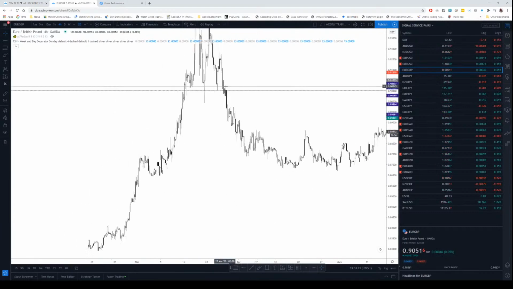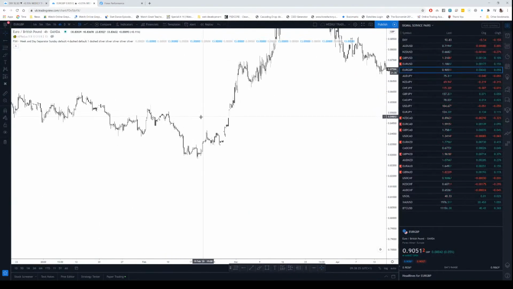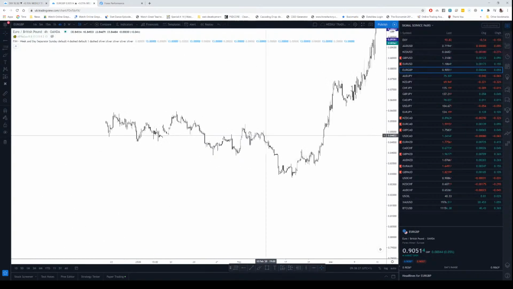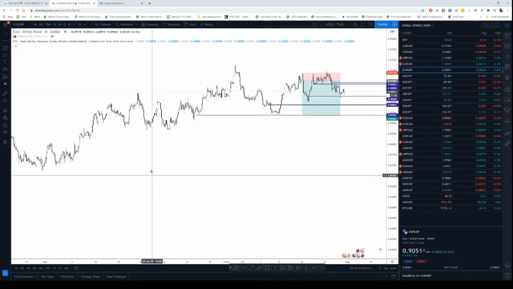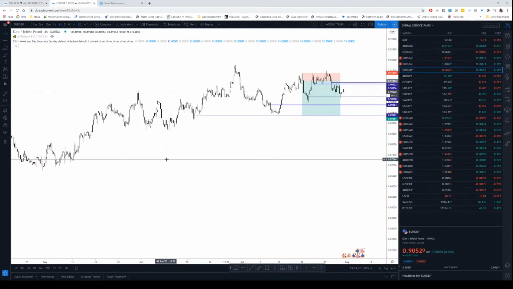Let me find the example. Sorry, what pair was it? It's quite unique, it doesn't happen often, but once you see it in price, it's just obvious what price is going to do.